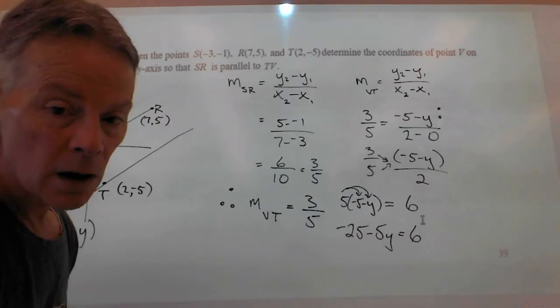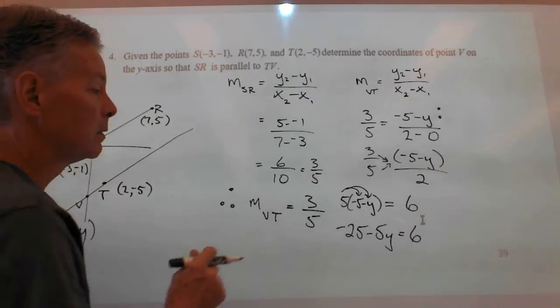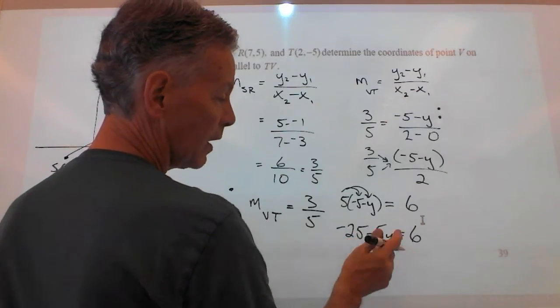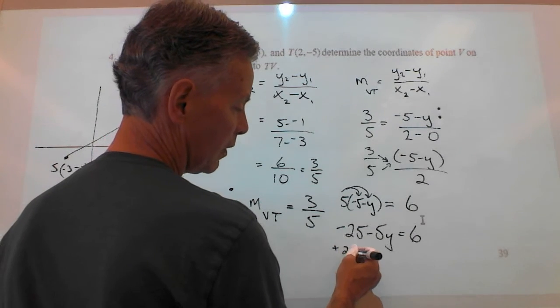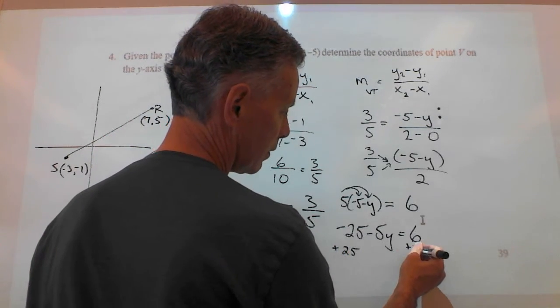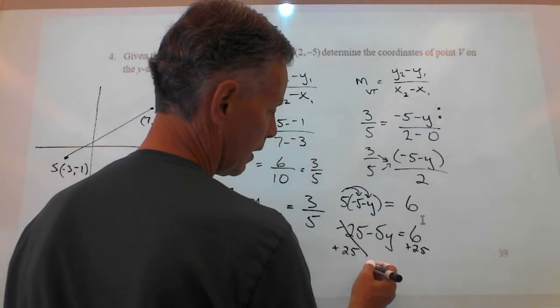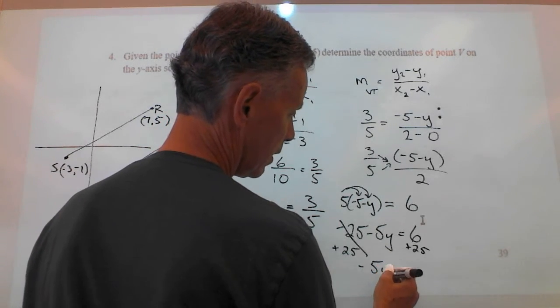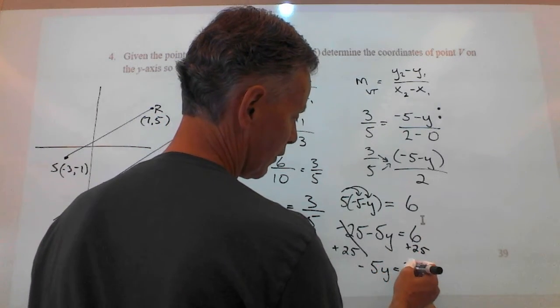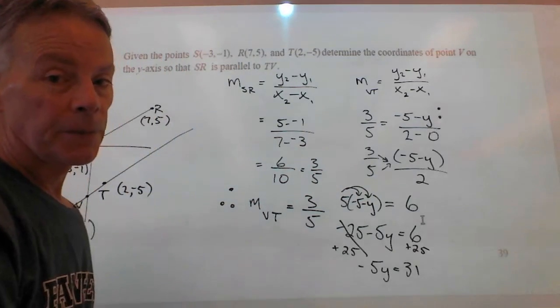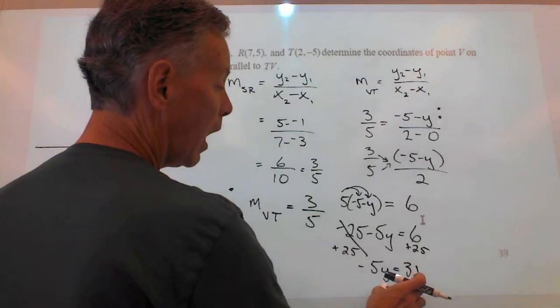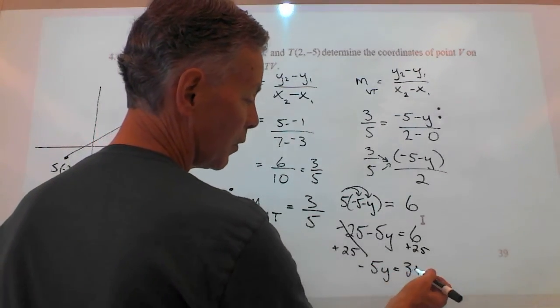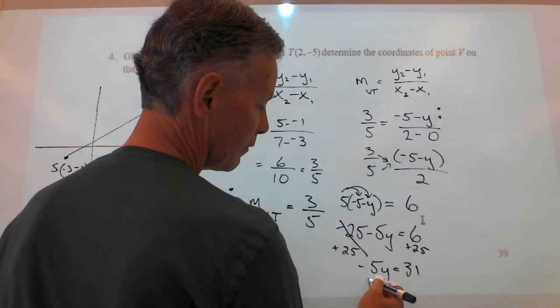Okay? We're almost done. We want to isolate y, so that means we're going to add 25 to both sides. That will give us negative 5y equals 6 plus 25 is 31. Last step, divide both sides through by negative 5.